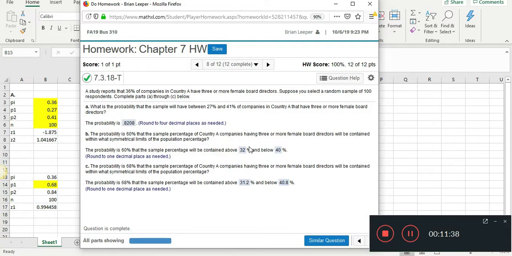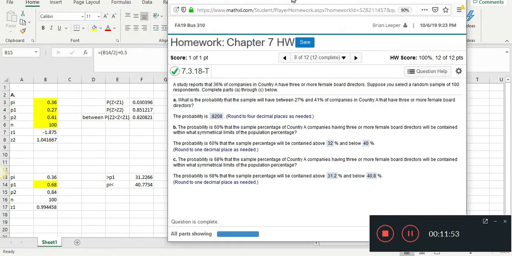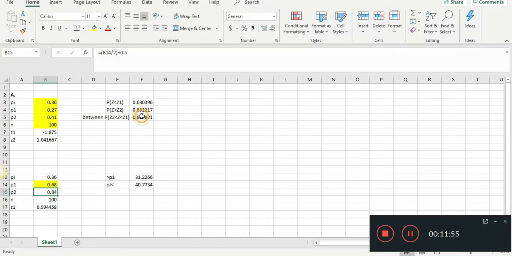Alright, if you set it up the right way, save it in the Excel book, and you can use it for any future problems that are similar if they show back up on the exam. I hope this is helpful. If you missed anything, just make sure you go back, pause it, figure out the formula. I'll click on, so this is Z1 for Z less than Z1, Z greater than Z2, probability between.